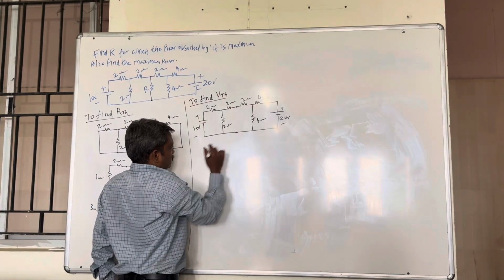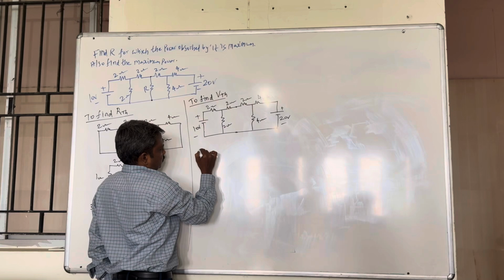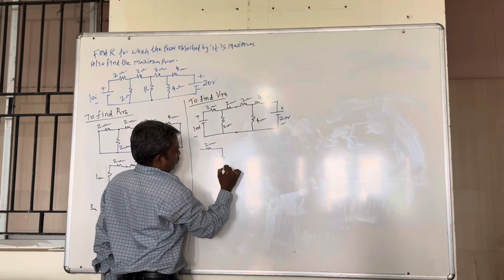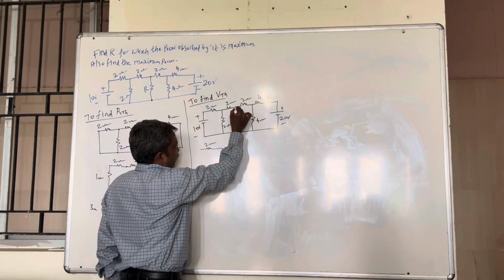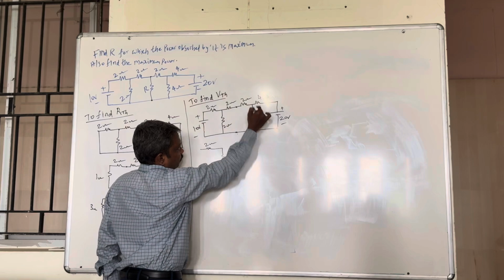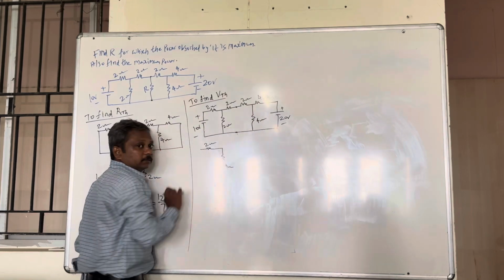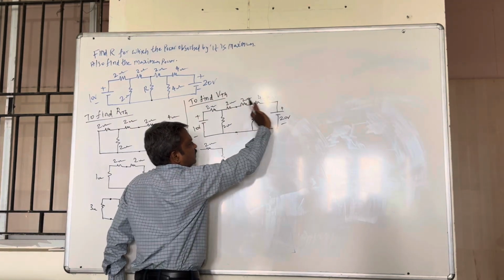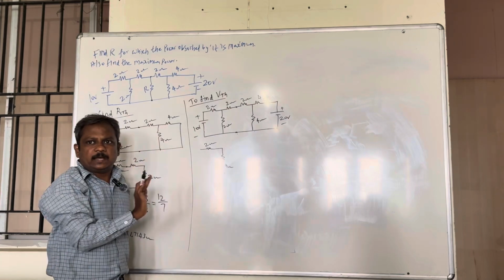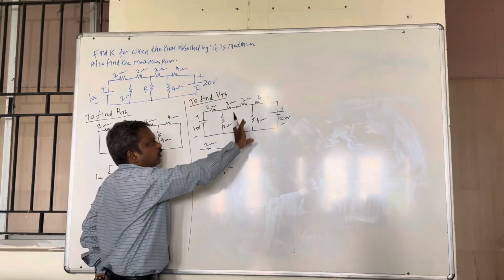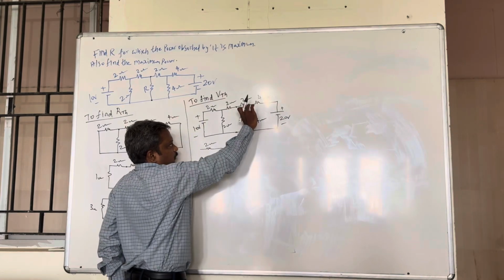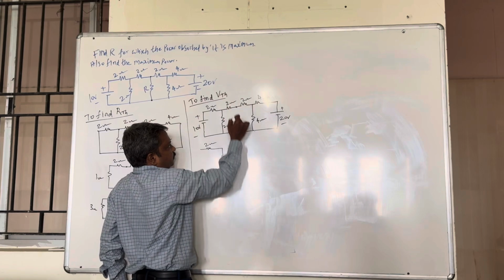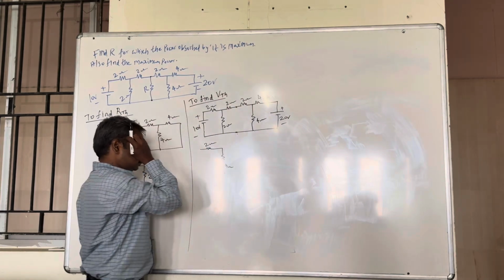You have to find the voltage across 2 ohm and 4 ohm. If you want to find the voltage between these 2 points, either you can travel through this way or through this way, because after this 4 ohm, everything connected is parallel. In parallel, voltage remains same or not. So you need not worry about other things. You have to measure the 4 ohm voltage and 2 ohm voltage. This is the voltage between these 2 points, the load point.